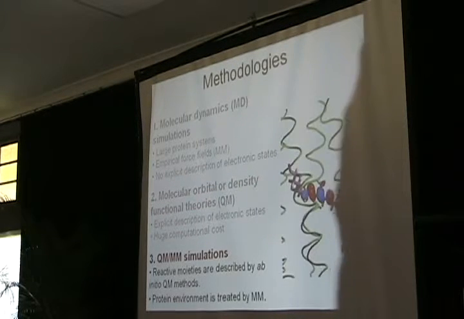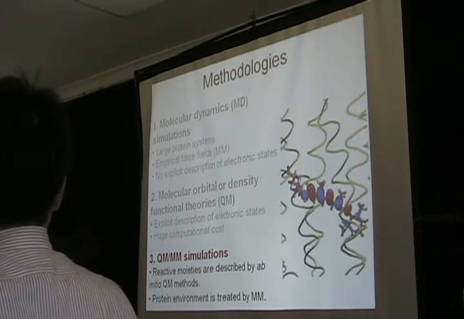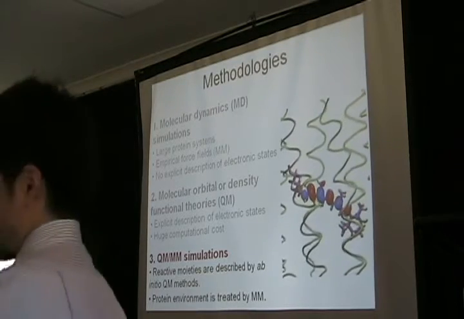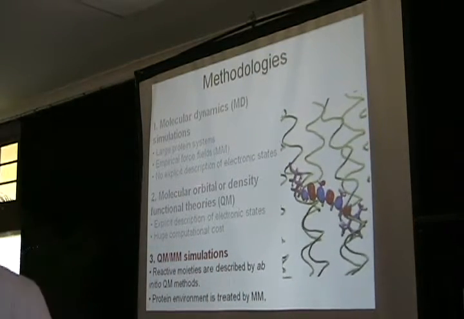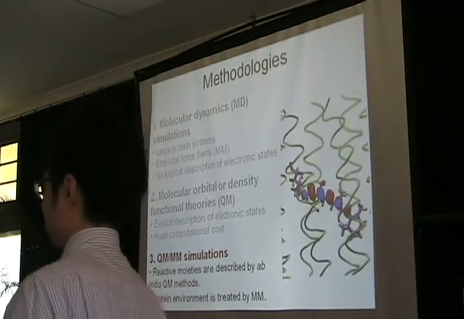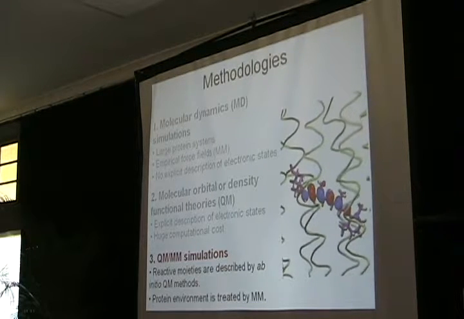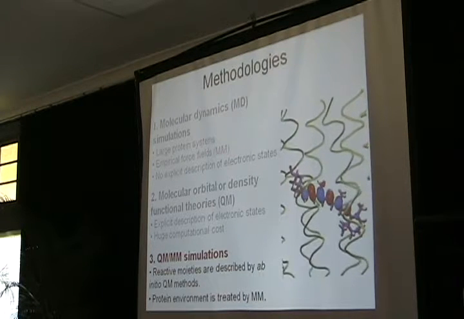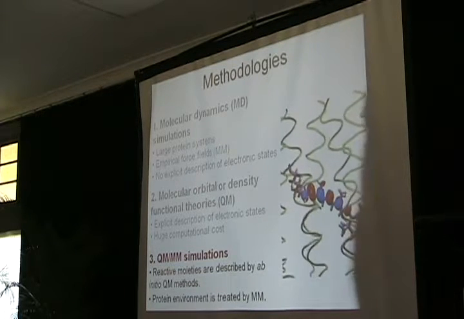So in order to overcome those difficulties, people, including us, have been using hybrid QMMM type simulations. In these simulations, reactive moieties are described by an ab initio QM method. And the surrounding protein environment is treated by MM to take into account the effect of the protein environment on chemical reactivity, which is essential for understanding enzymatic activity.